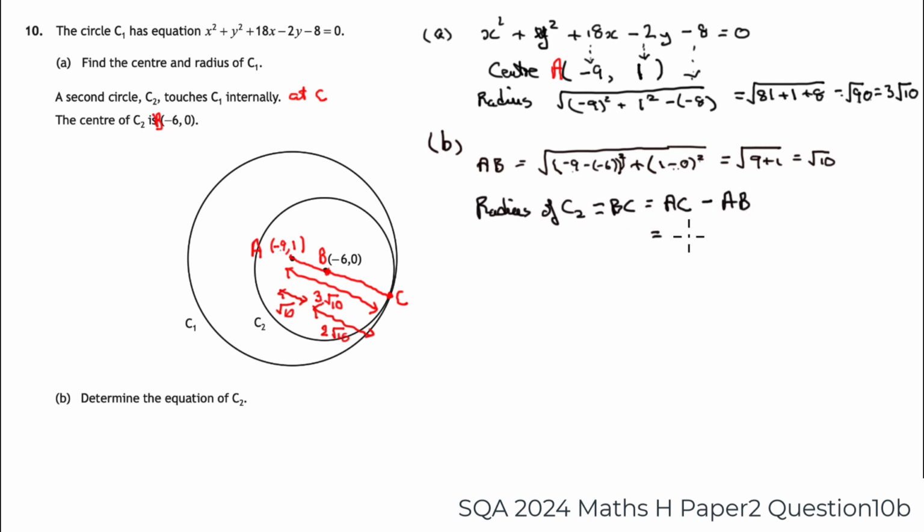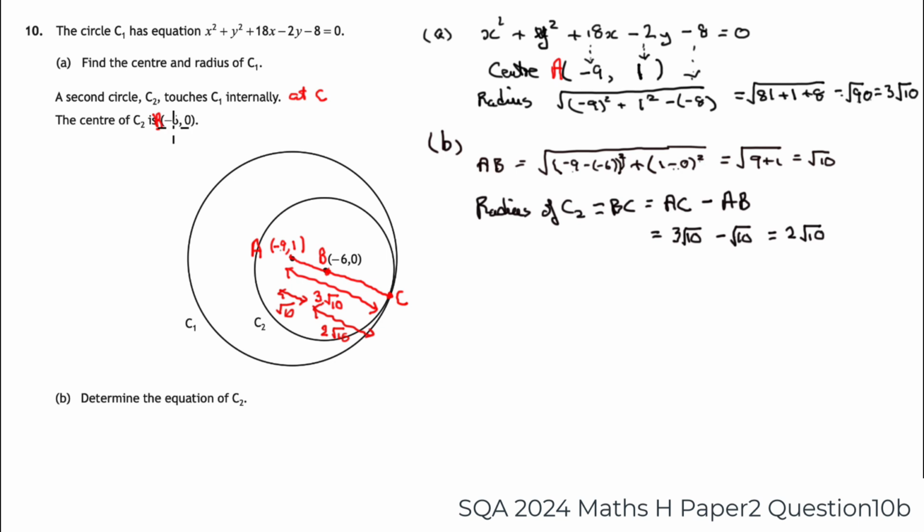Now the full length AC from part 1 we got was 3 root 10. We've just calculated the length of AB to be root 10. So 3 lots of root 10 minus 1 lot of root 10 is 2 lots of root 10.